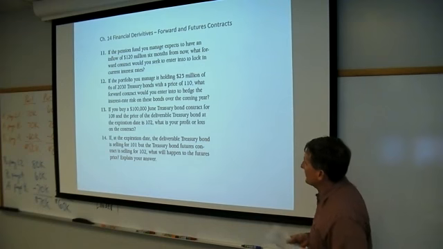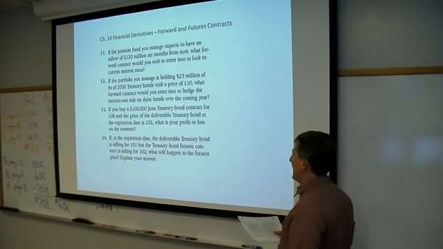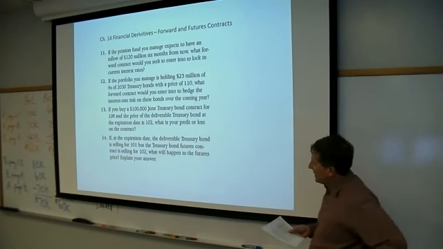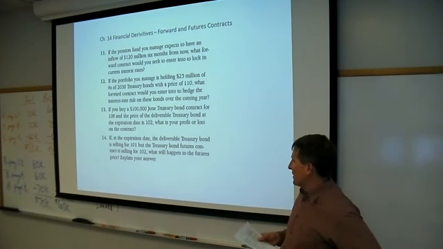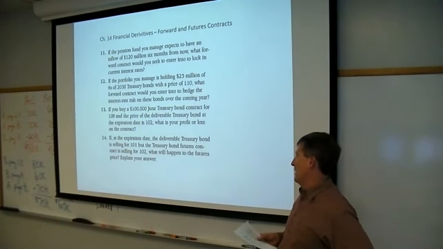Number 14, if at the expiration date, the deliverable Treasury bond is selling for 101, but the Treasury bond futures contract is selling for 102, what will happen to the futures price?